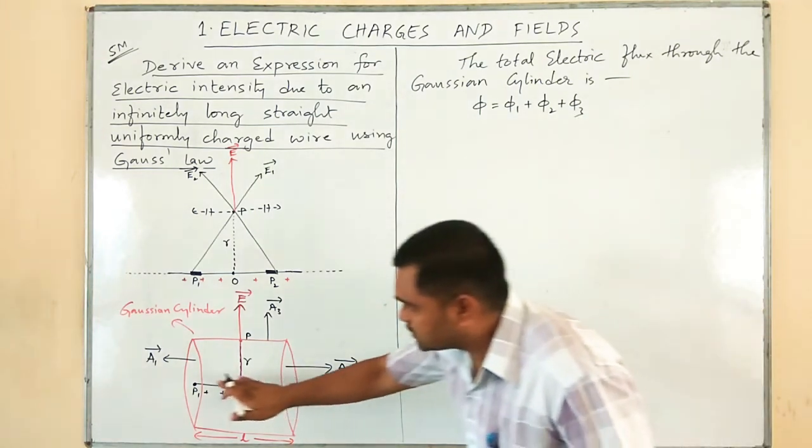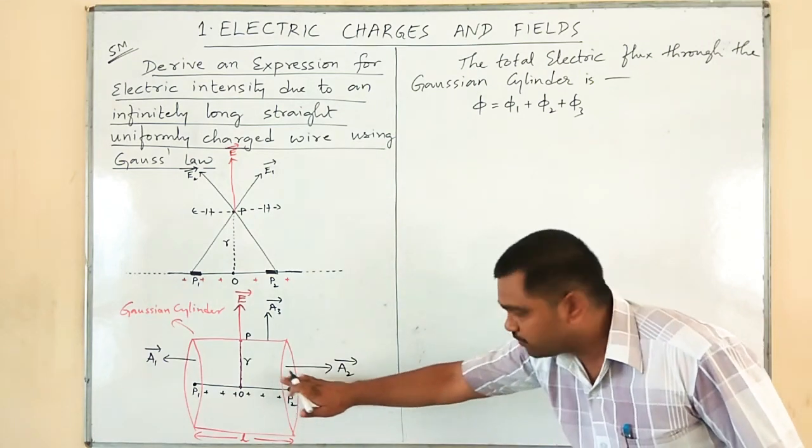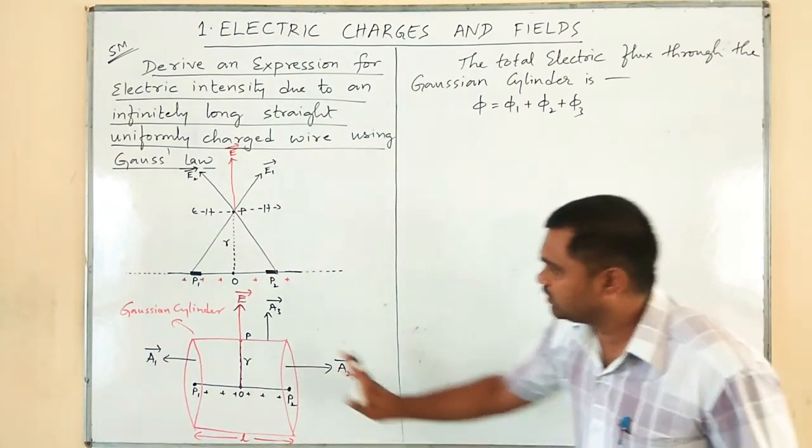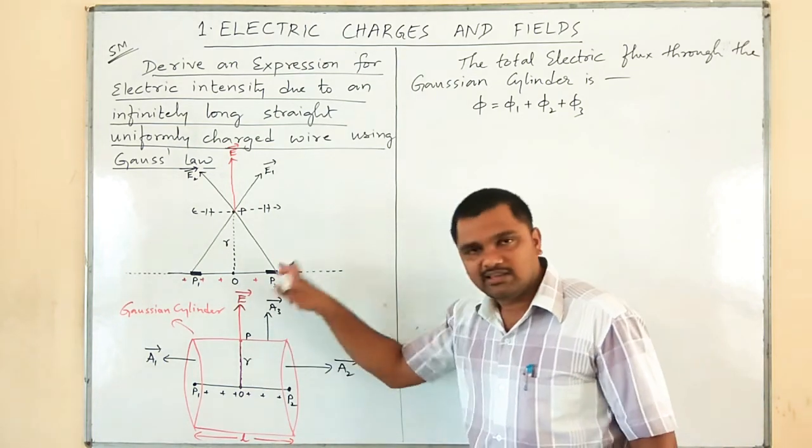Phi1 means flux through this flat area A1. Phi2 means the flux through this flat area A2. Similarly, phi3 means flux through this curved area A3.